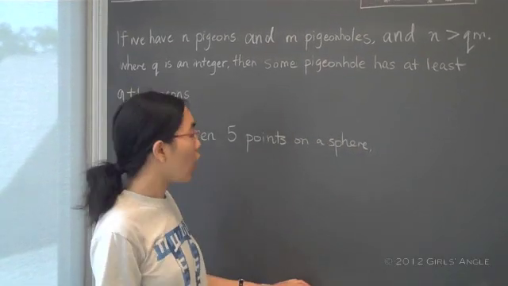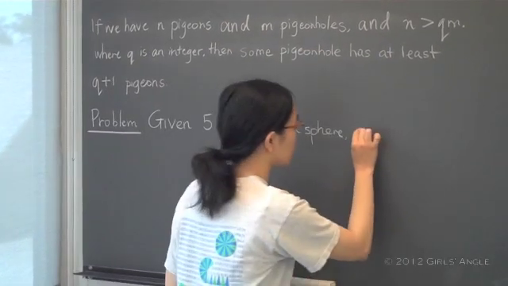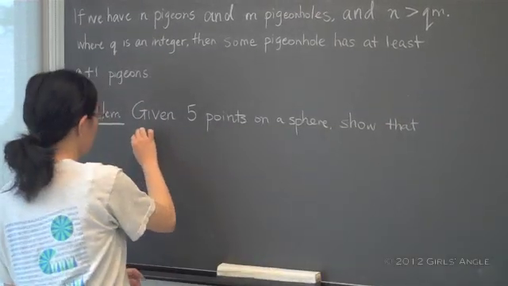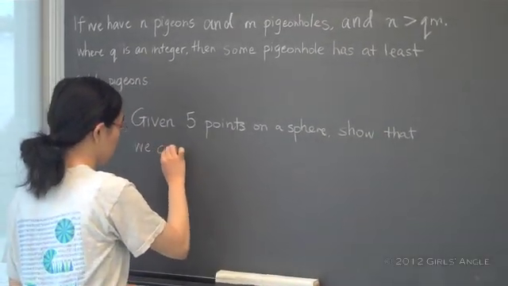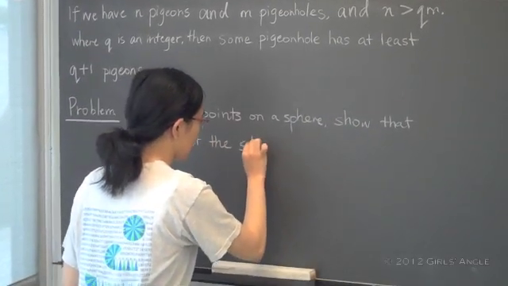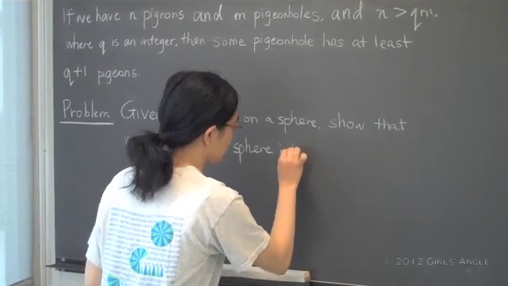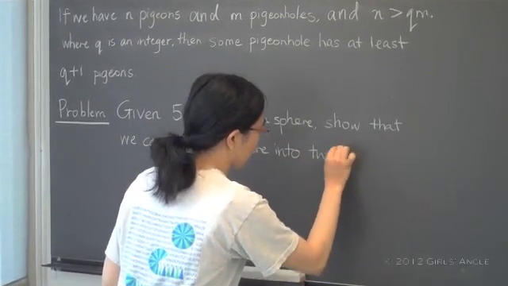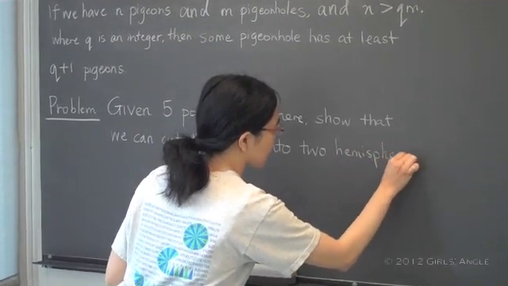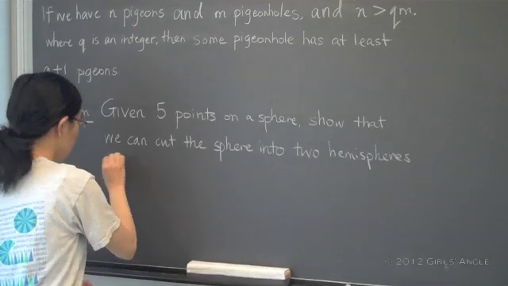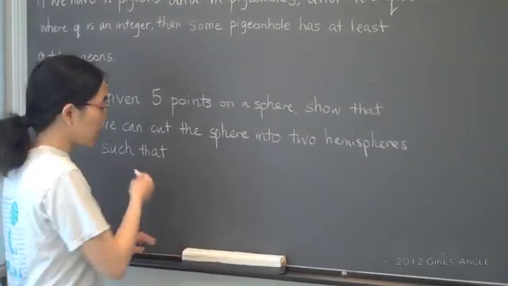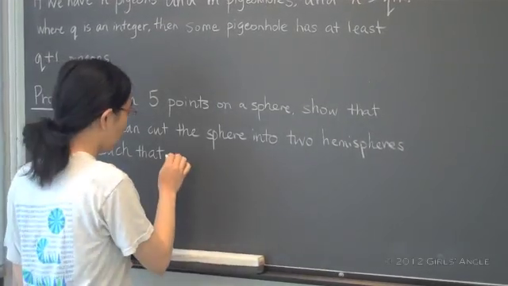I claim that we can always cut the sphere in such a way that we can cut the sphere into 2 hemispheres, such that at least one of the hemispheres has at least 4 points on it.